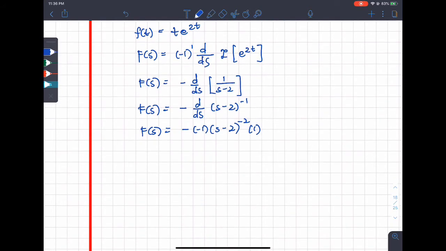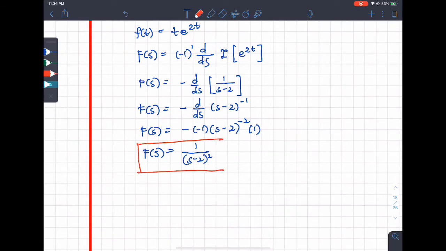And thus our F of s would be positive 1 over s minus 2 squared. So that is using the formula, the Laplace transform of the given function using multiplication by t raised to n.